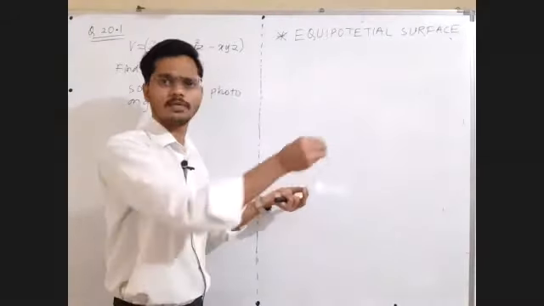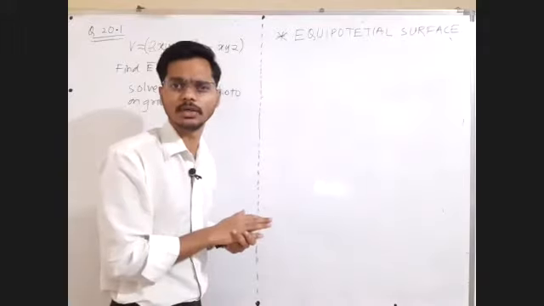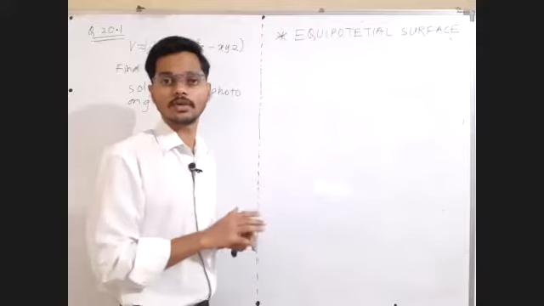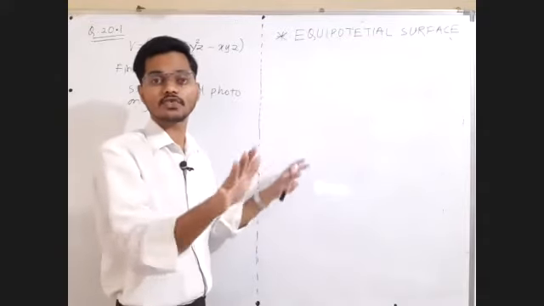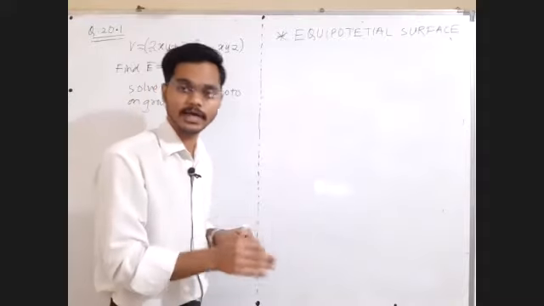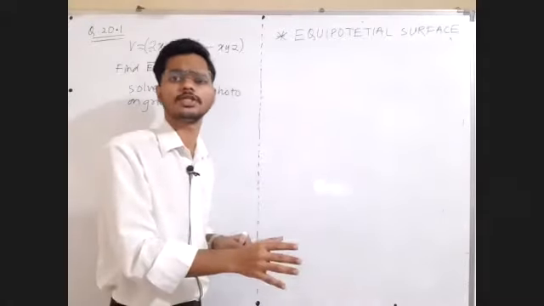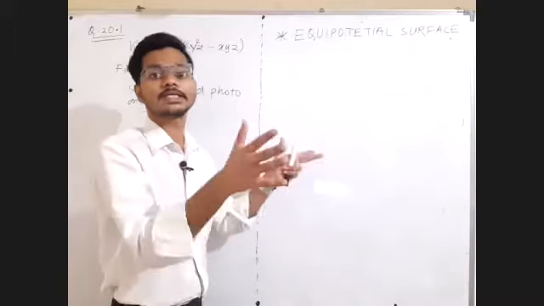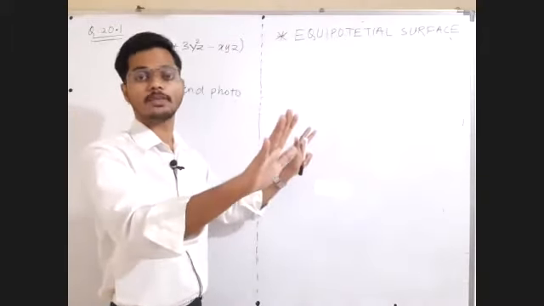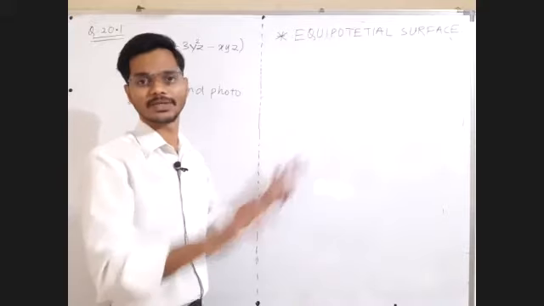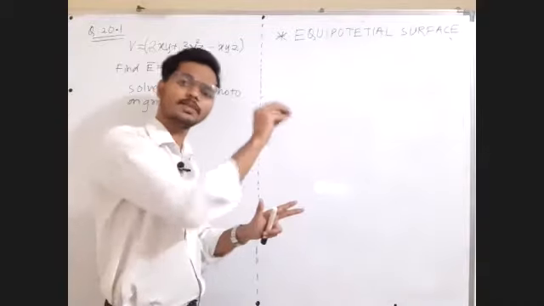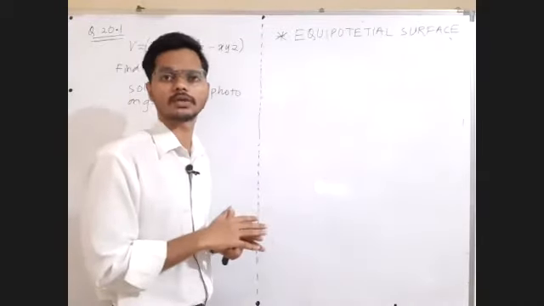The points having the same potential value, if I collect them and make a surface, and all the points on that surface have the same value of potential, the surface will be called equipotential. A surface over which at all points the potential is 1 volt.